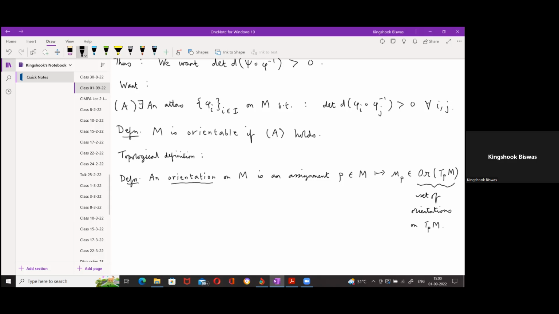Yes? Yes, sir. So this, remember, this was in one-to-one correspondence with the connected components of GL(V). If V is your finite dimensional vector space, then GL(V) has two connected components, right? And GL(V) acts on the set of ordered bases simply transitively, right?